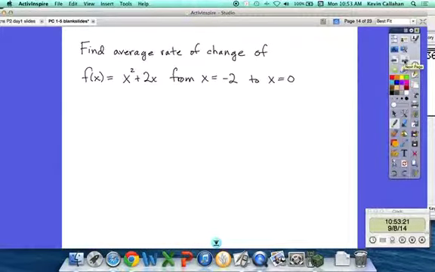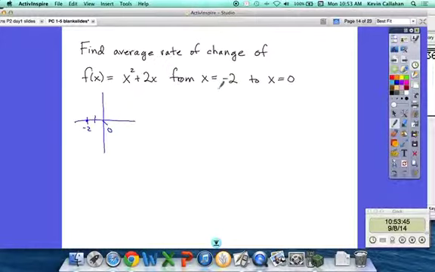So if we wanted to find the average rate of change for a function, they have to give you the x values, right? And this one they're saying between x is -2 and x is 0. Looking at the graph, -2 is here and 0 is here. So the left point is our x1, y1.